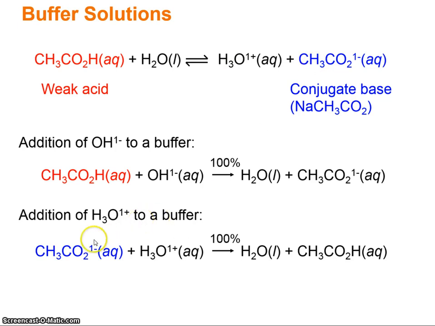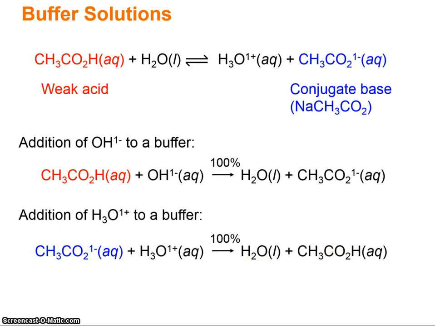So I'm going to take away some of this to form this back. That's going to shift the equilibrium, and Le Chatelier says we're going to resist that. So I've got my acetate, my conjugate weak base, reacting with my strong acid, and it's going to form water and the conjugate weak acid again.